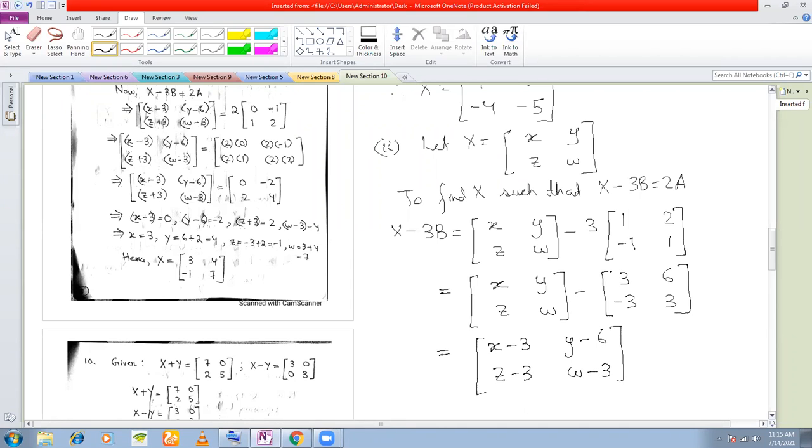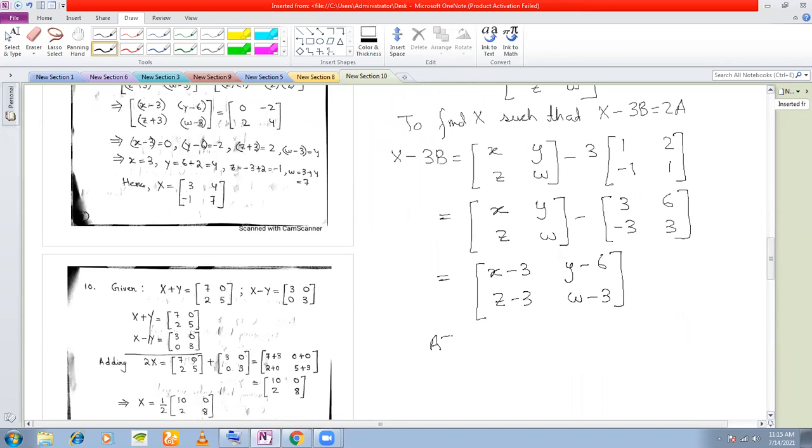So according to the problem, what is given here? X minus 3B must be equal to 2A. And X minus 3B, above, we have found as X minus 3, Y minus 6. Put these within brackets, better.